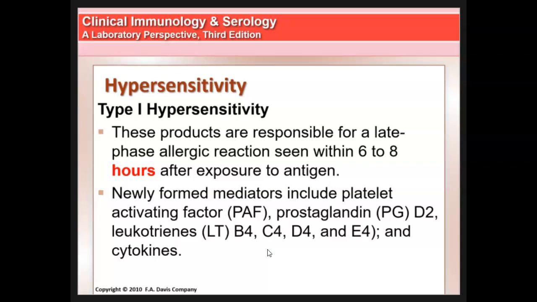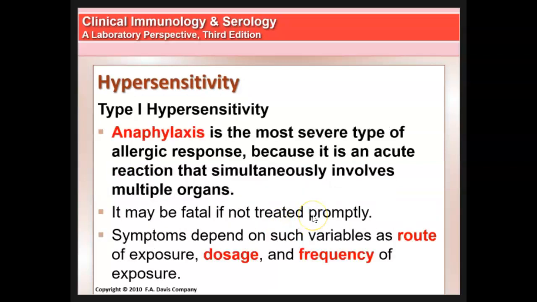On top of that we get activation of platelet activating factors, which can start a coagulation event in the body. So it's very serious. Anaphylaxis is the most severe type of allergic response because it is an acute reaction that simultaneously involves multiple organs, and it can be fatal if not treated promptly.